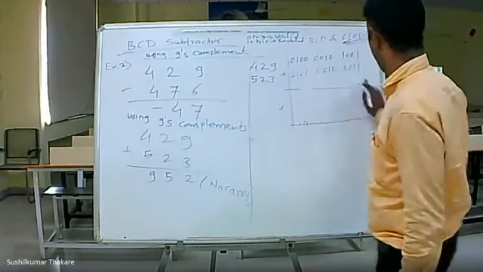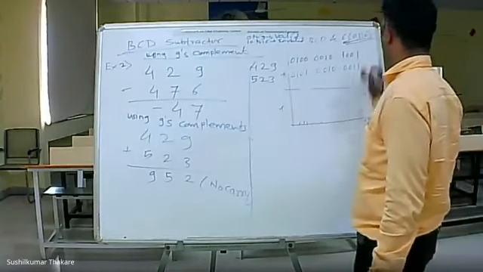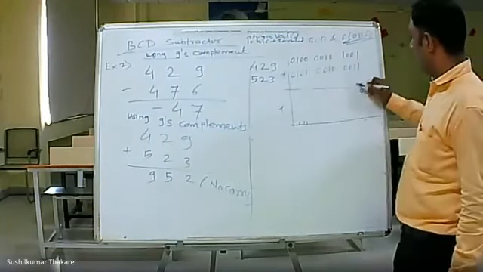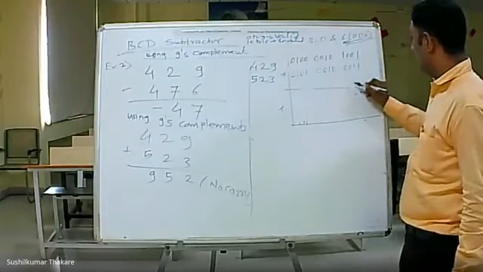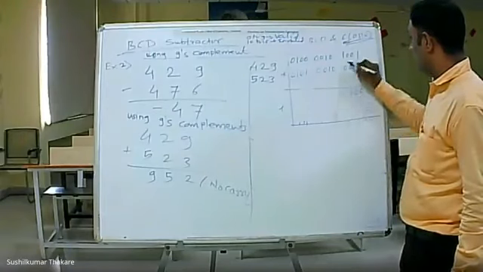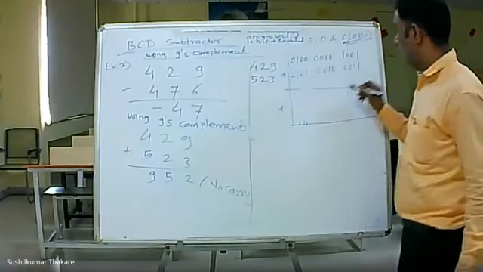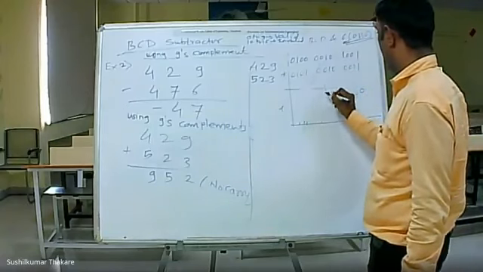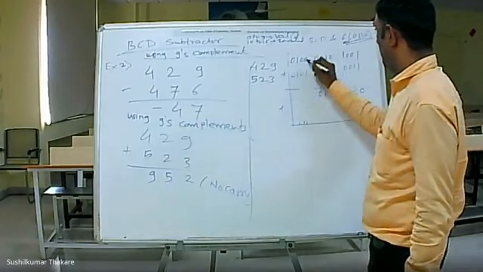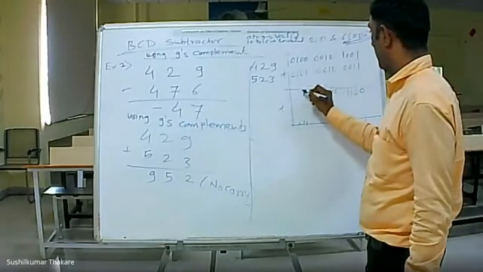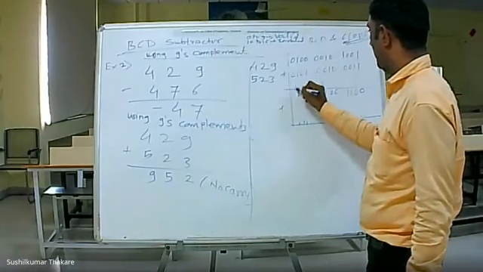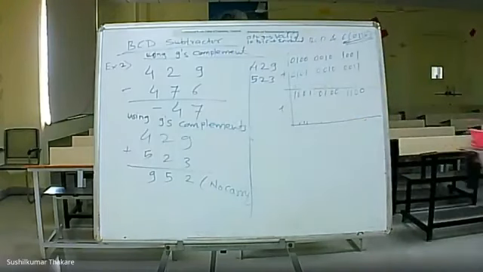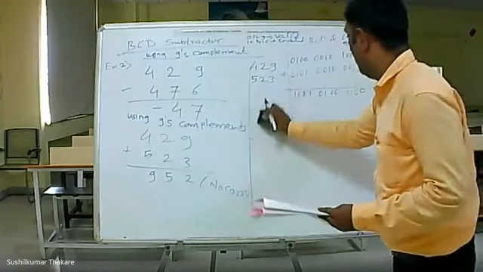So what is the addition? 1 plus 1 is 0 with carry 1. Then 1 plus 1 is 0 with carry 1, and so on, giving 1, 0, 0, 1, 0, 1, 0, 0 and the remaining digits.